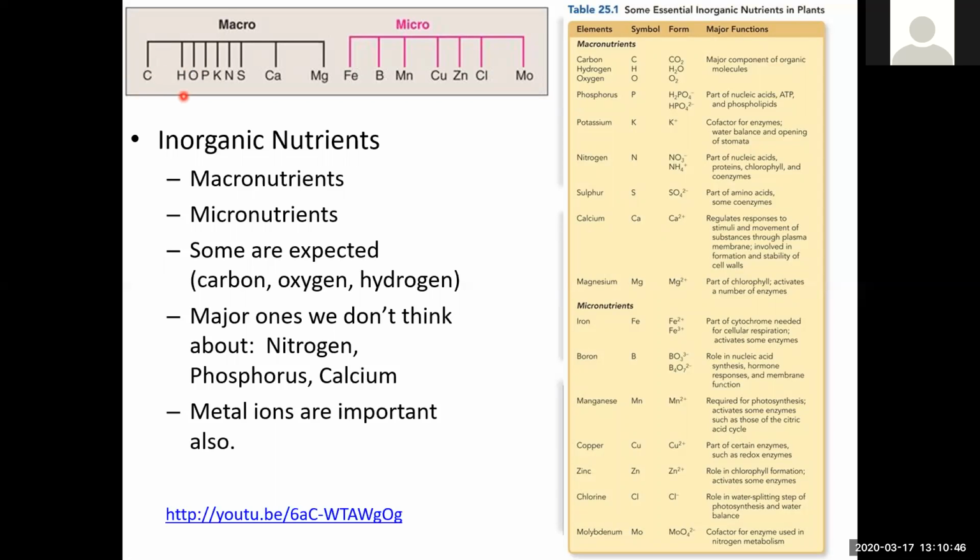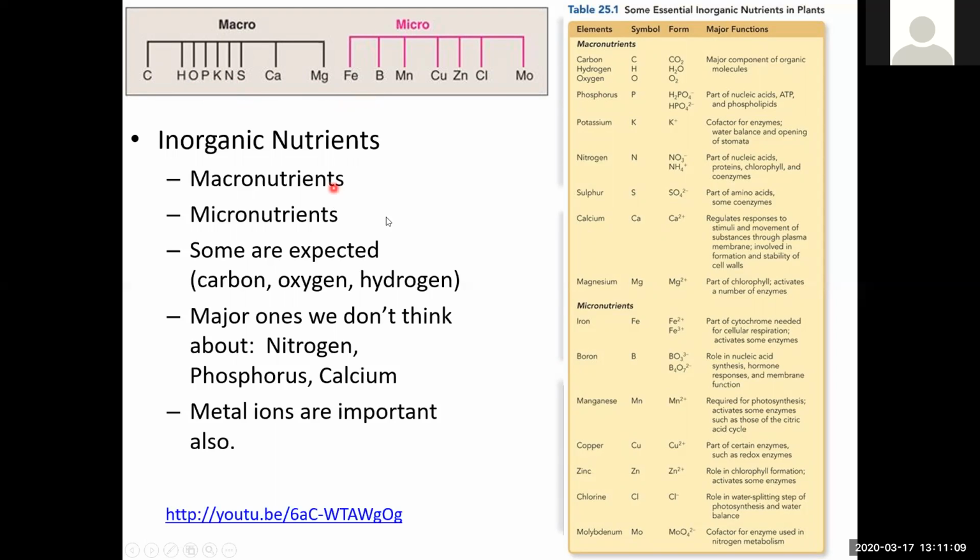Those are all organic compounds. Phosphorus, potassium, nitrogen, sulfur, calcium, magnesium, and all these are the macronutrients. I usually think of it as C. Hopkins, like the Johns Hopkins University cafe mug, except Fe is micro.